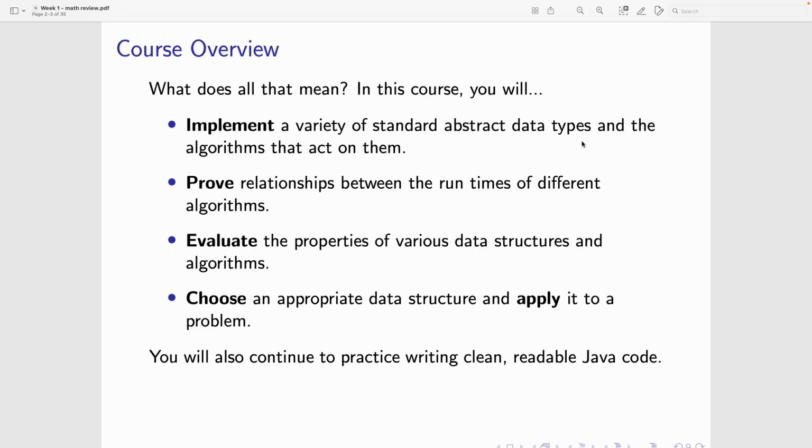New in this course, the math stuff, you'll prove relationships between the runtimes of different algorithms, evaluate properties of various data structures and algorithms, and choose an appropriate data structure and apply it to a problem. Those last 2 points are also super important.